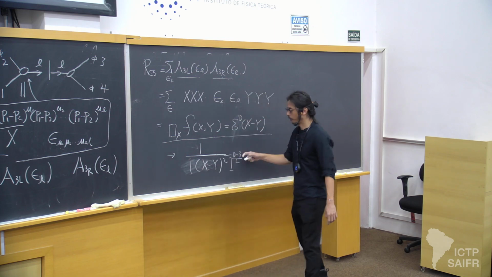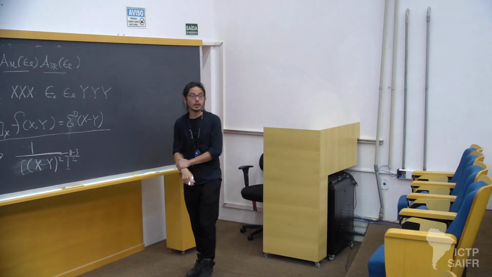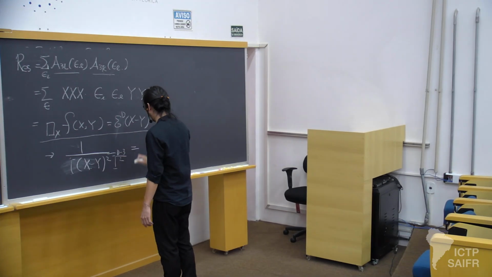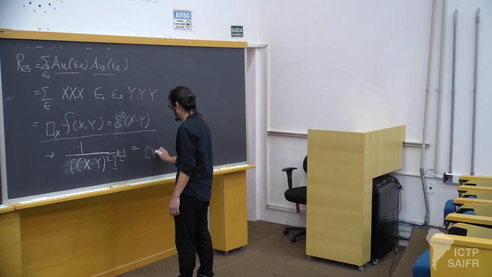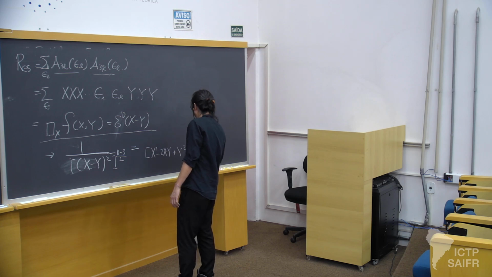So you can see that in 4 dimensions, it just goes to the usual 1 over x minus y, the solution to the 4-dimensional Green's function, okay? So if I write this out, then this will be x squared minus 2x dot y plus y squared, to the power of minus (d minus 3) over 2.